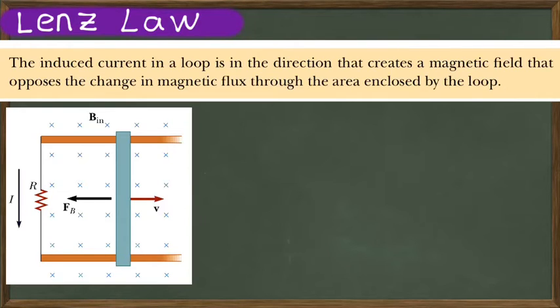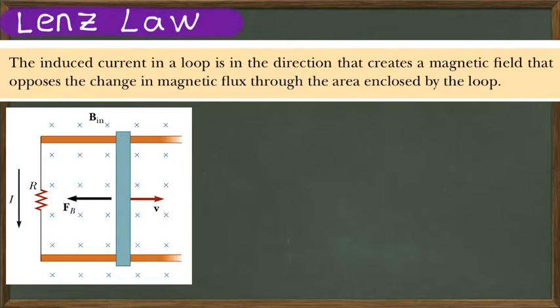That means the induced currents will always produce fluxes that oppose the change of the flux because of the motion of the bar. So the motion of the bar is such that it is increasing the flux, and the direction of the current induced by this change of flux is such that it will decrease the flux.